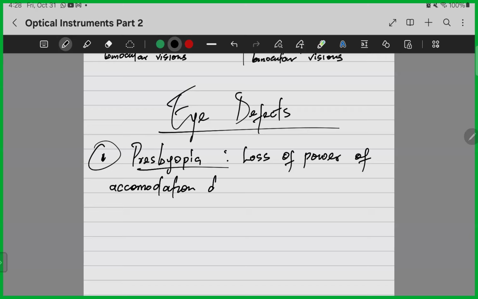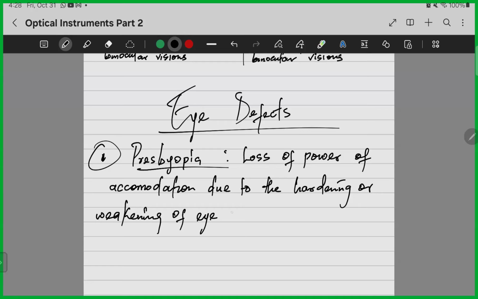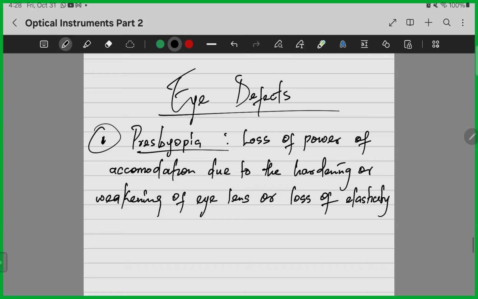This is the loss of power of accommodation due to the hardening, please pay attention, or weakening of eye lens, or the loss of elasticity in the ciliary muscles due to old age.